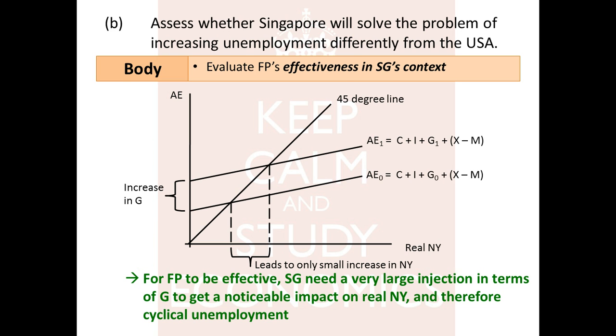This is the reason why we say that fiscal policy is not so effective in the Singaporean context, because for it to be effective, G needs to be very, very large, and it is difficult for any government to implement such a large increase in G.